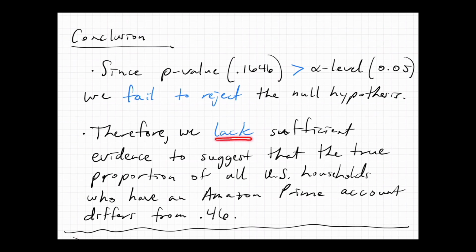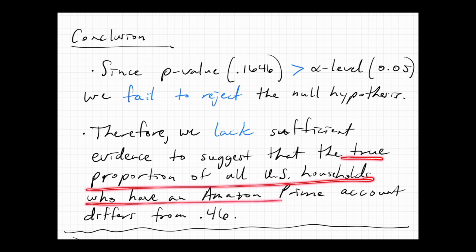So because we failed to reject, we lack sufficient evidence to suggest that the true proportion of all US households who have an Amazon Prime account differs from the claim, which is 0.46. This part right here is the alternative hypothesis.